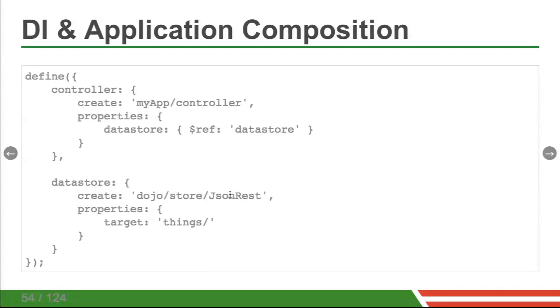So create an instance of JSON REST, configure its target property, and then this little bit of magic right here. There's a proposed standard in JavaScript called JSON referencing that allows you to write pure JSON and reference different parts of the document or reference other JSON documents.